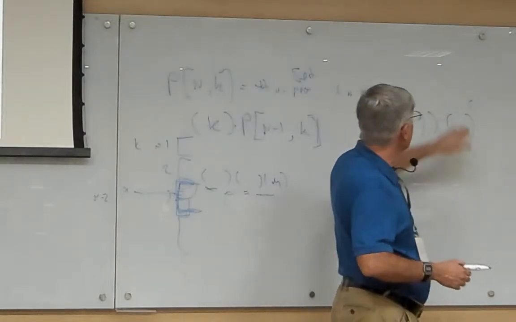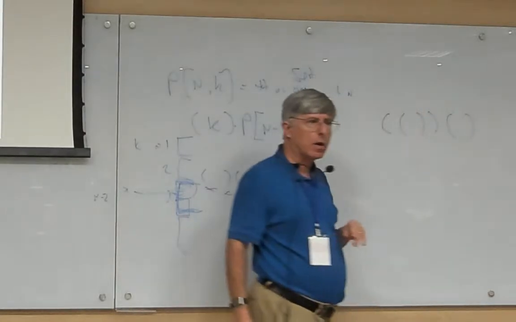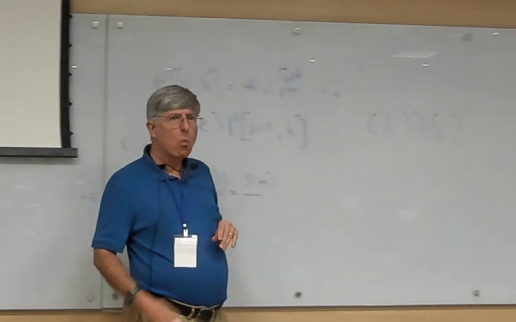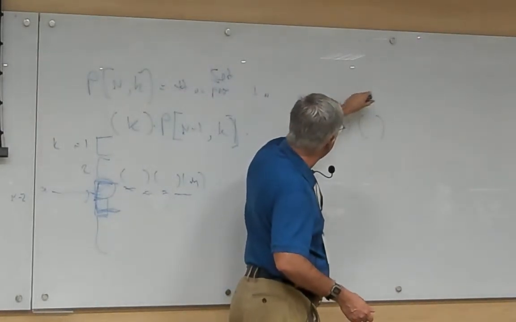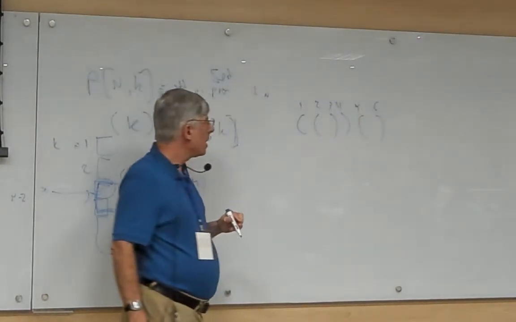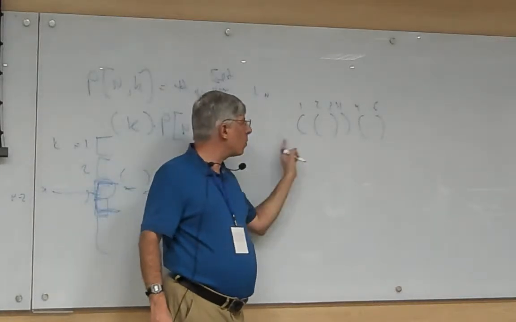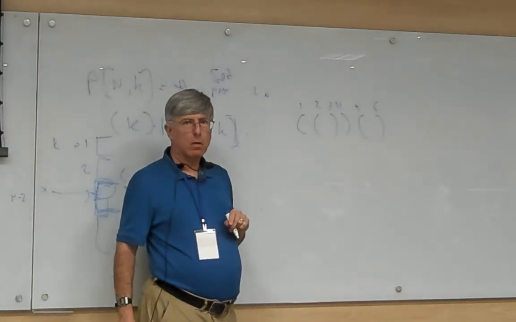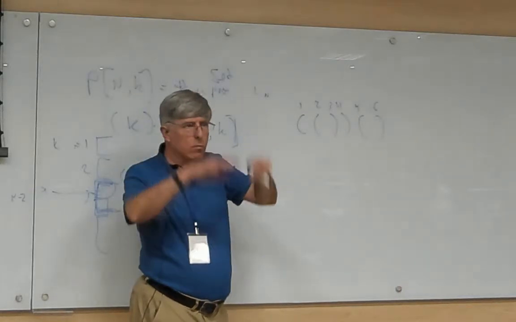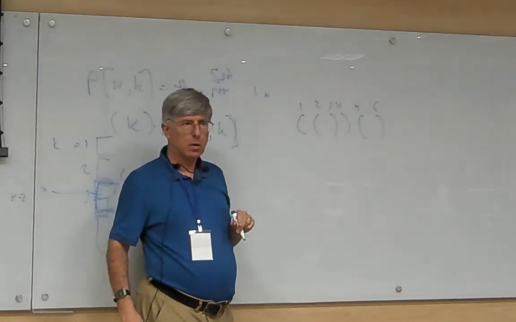These well-formed parentheses. You know that this is position 1, 2, 3, 4, 5, and 6. Is there a way to interpret one of these parenthesizations by a table that is sorted in rows and columns?